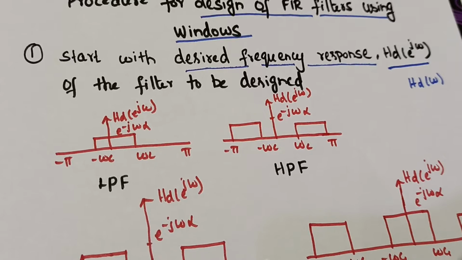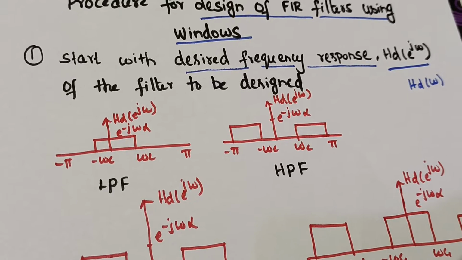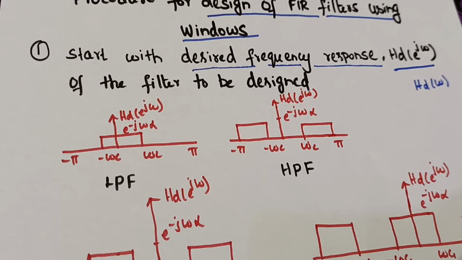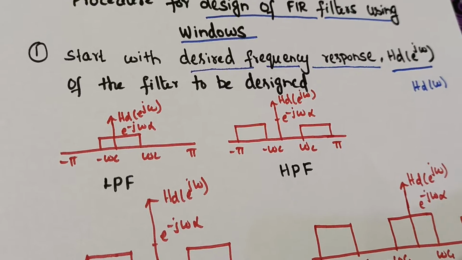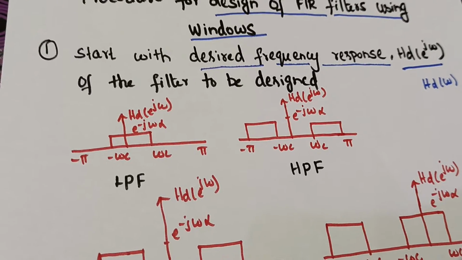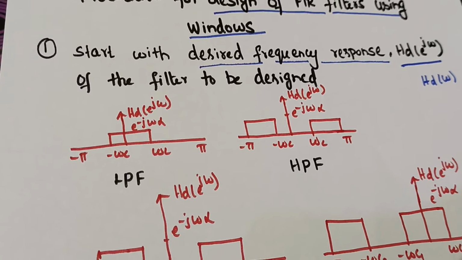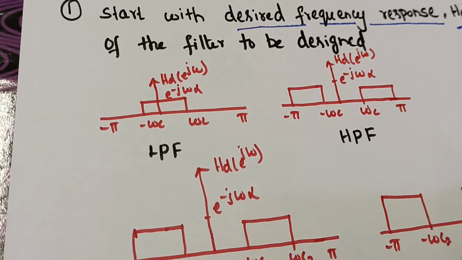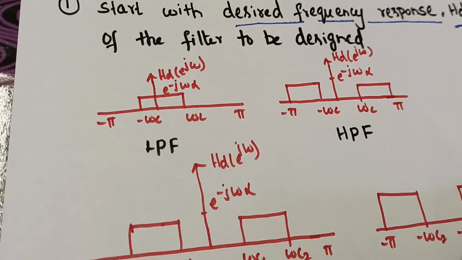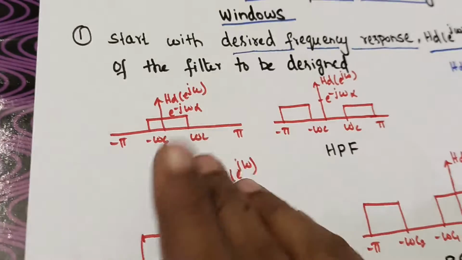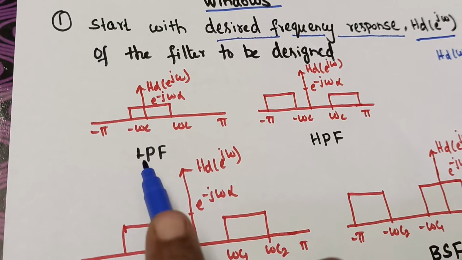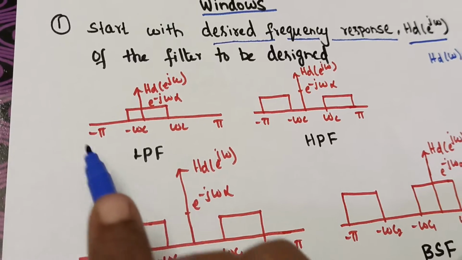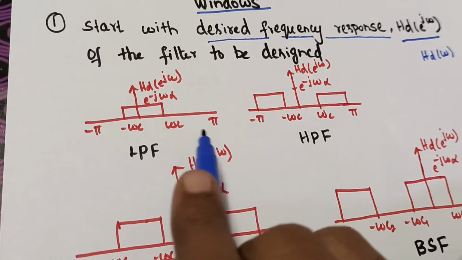We know that based on the frequency response, the filters can be classified as low pass, high pass, band pass and band stop. Now since this is the desired response, that is the ideal response, the frequency response of these four filters will be like this. If you consider the frequency response of low pass filter, it is defined from minus pi to pi.